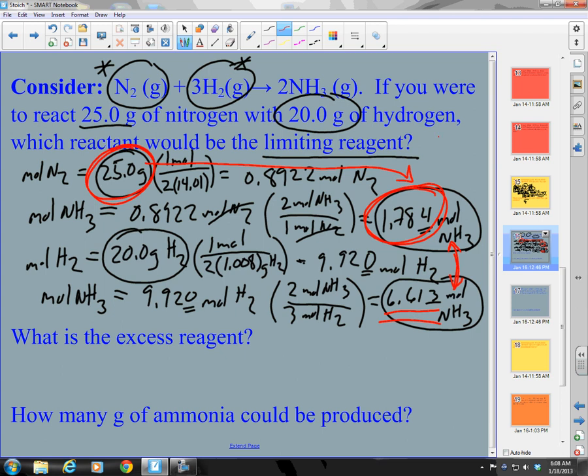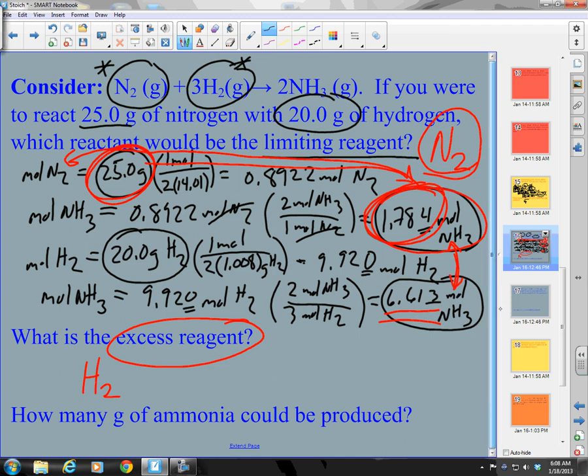The limiting reagent is nitrogen, right? I found the product amount that was the lesser amount and then go back to the reactant which would produce that lesser amount. Well then, what's the excess reagent? Well, the excess reagent is the reactant which is not limiting. So that would be H2. Got it?